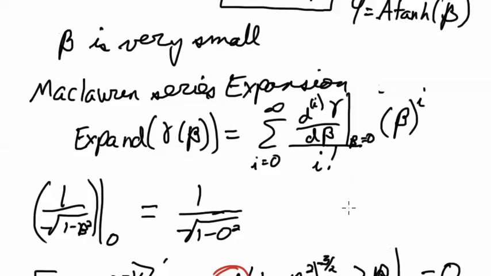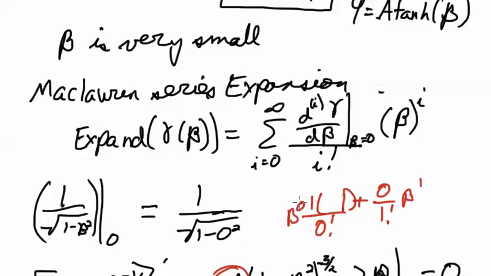So the first part of this is 1 plus 0 over 1 factorial times beta to the first. Actually, this is 1 times 1 over 0 factorial times beta to the 0.